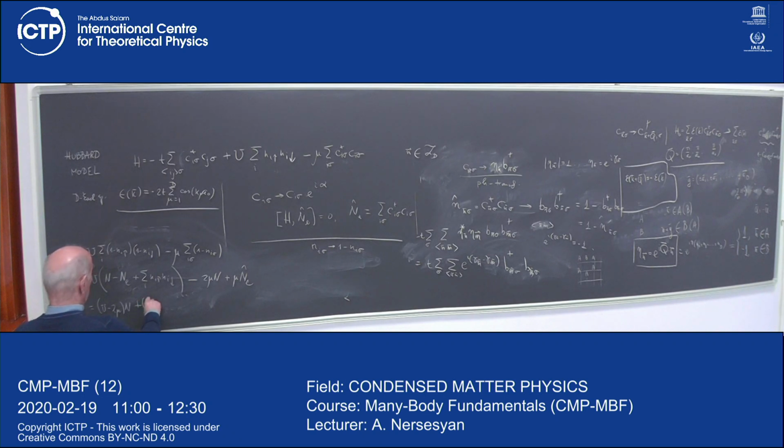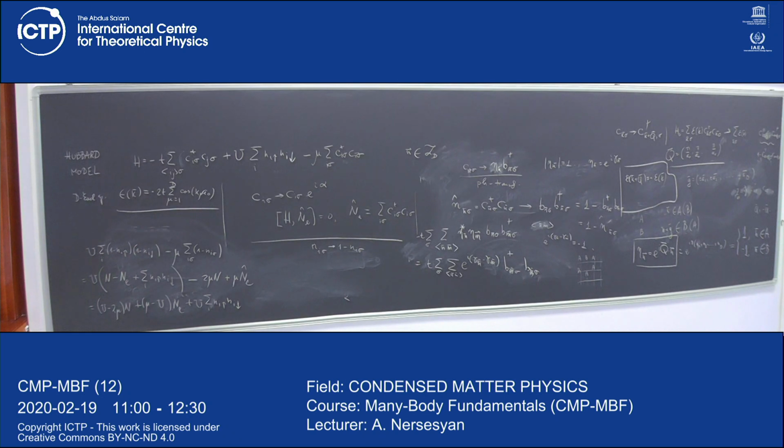Plus mu minus u times the total particle number. And plus u sum over i, and this is the remaining term.